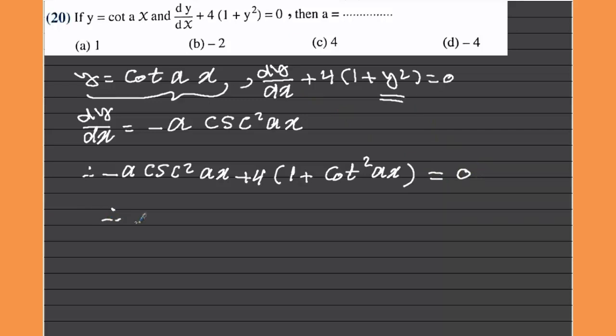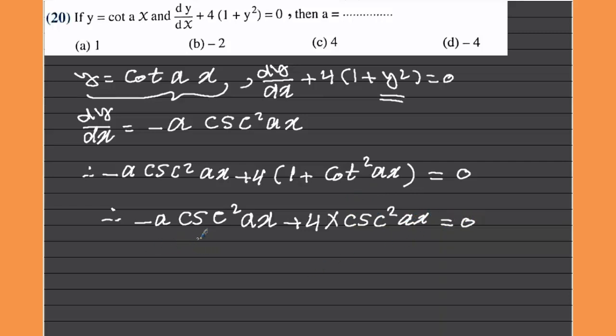So we have negative a cosec square ax plus 4 multiply 1 plus cotan square, which is cosec square ax, equals 0.